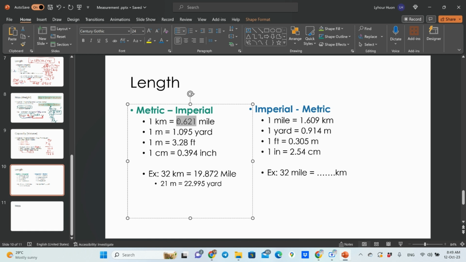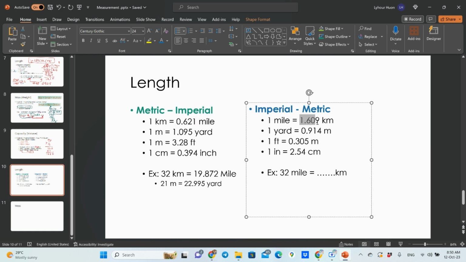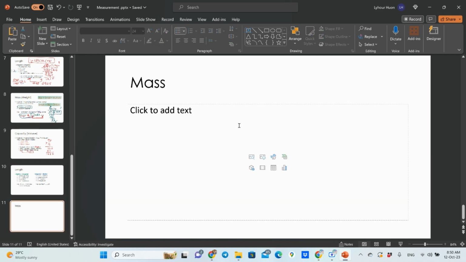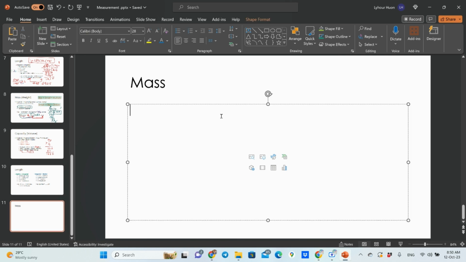This number is from metric to imperial, this number is from imperial to metric. So if you use this, we only do the multiplication. Multiplication is easier than division, of course.